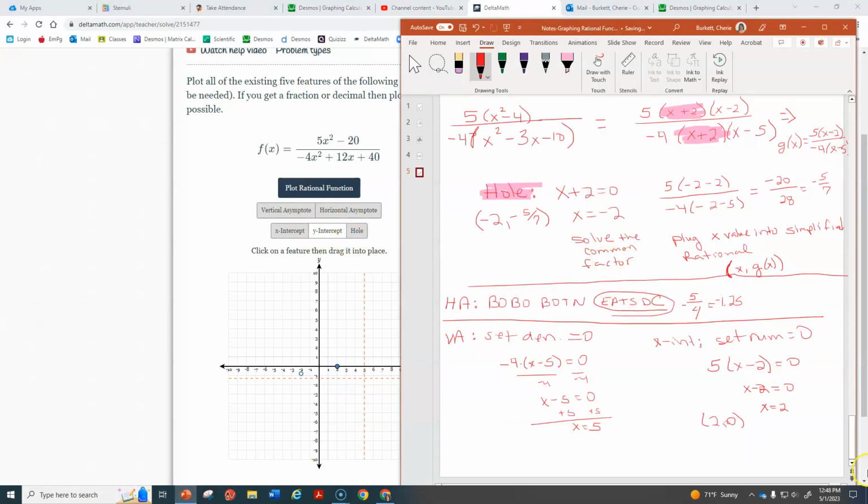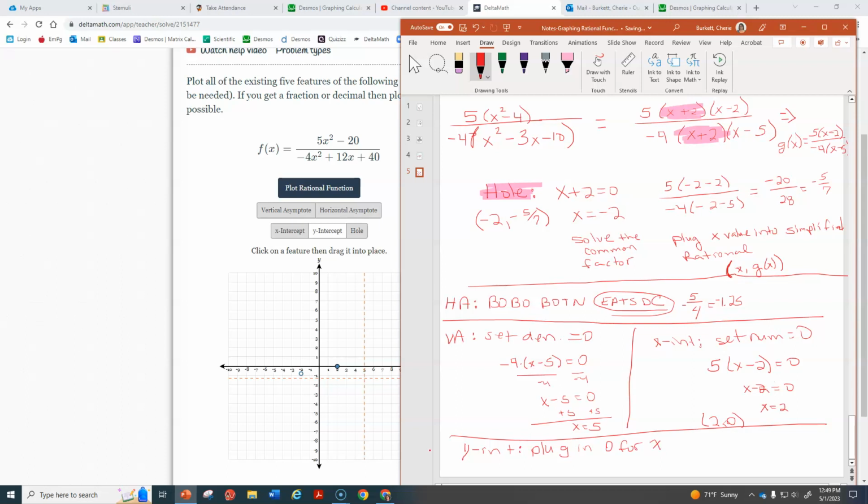And how do we find the y-intercept? I am all out of room. For the y-intercept, we plug in 0 for x.